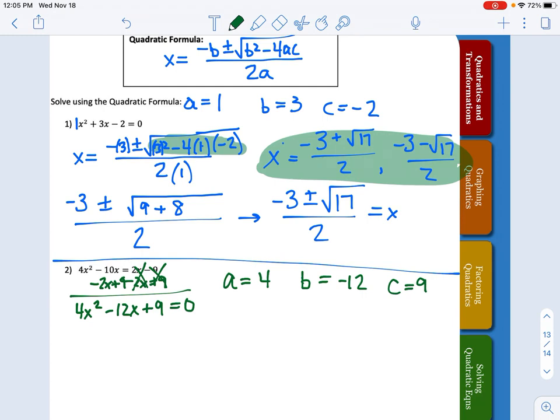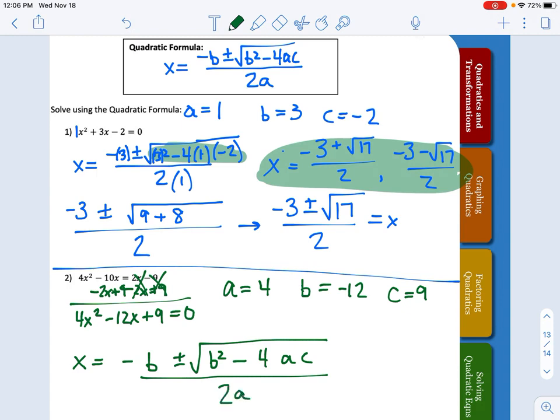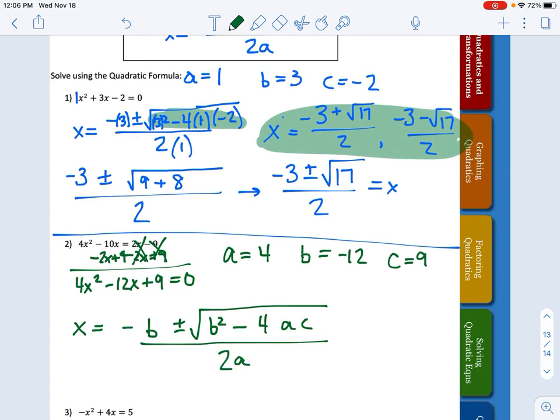Go ahead and write your equation out. X equals negative b plus or minus radical b squared minus 4ac all over 2a. Once again, replace my information.